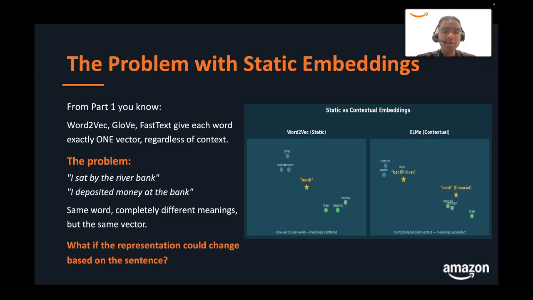So for disambiguating these two banks which are textually the same, I need to make their mathematical representations, which are vectors in our case, different from each other, so that my model, which is going to perform any task with that sentence or document, can distinguish between these two banks properly.